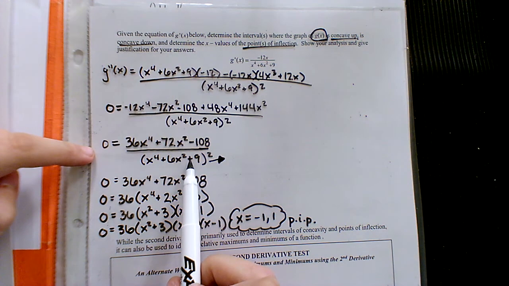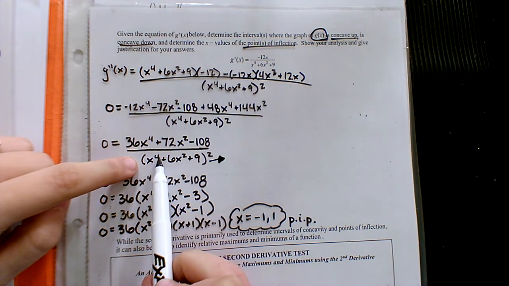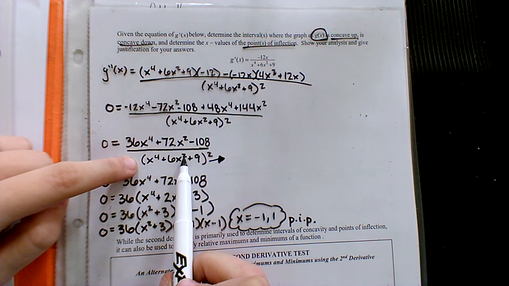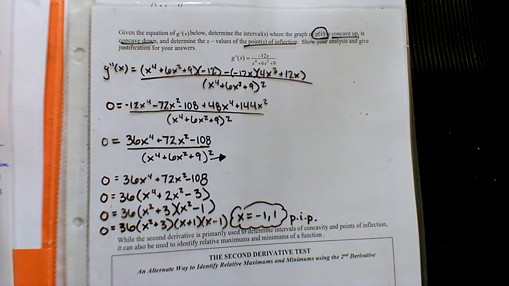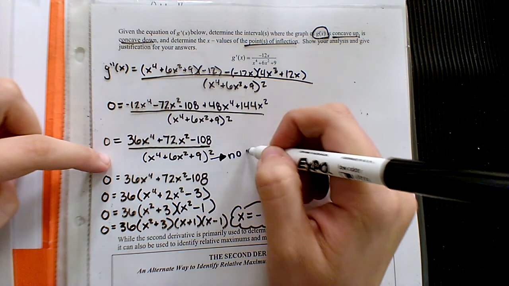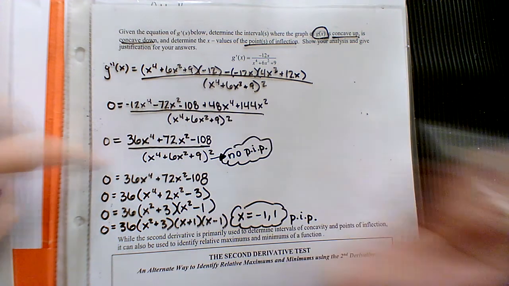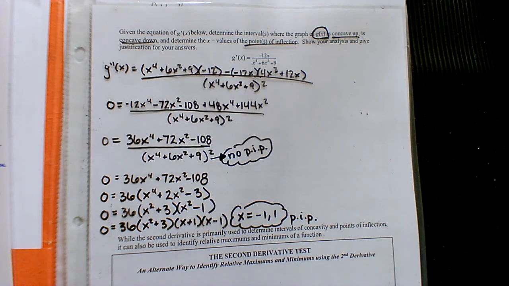Somehow you'd have to cancel out a positive 9, right? Is there any way you can raise something to the fourth and something to the second and make it a negative number? No. So in this case, there are no possible inflection points from the denominator. We have to be certain to check both parts if it's a fraction. Is the top ever 0 or the bottom ever 0? Those are giving us those possible locations.